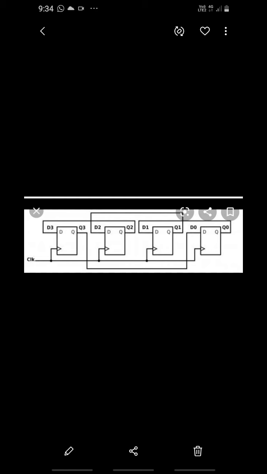In order to understand the working of the shift left register, let us assume that we want to store the data, say 1101, in the register. This data will be applied at the input of the last flip-flop, one bit after another. First we shall apply the MSB bit 1 to D3.